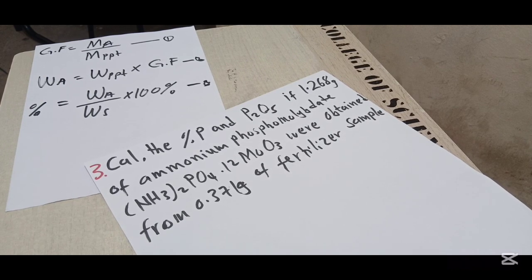First of all, we need to know what our analyte is and what we are going to look for, either the weight of our analyte or the percentage composition of our analyte. Those are the basic things that we need to look out for, no matter how complex the question is. If we are able to spot our analyte and what we have to calculate for, then it becomes simple.